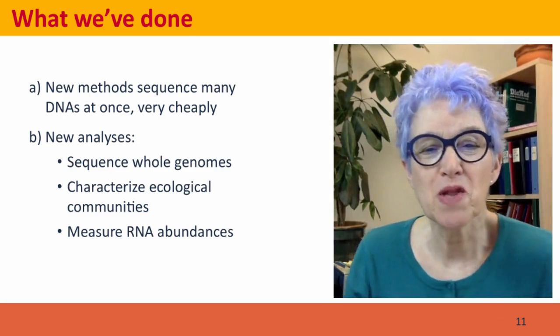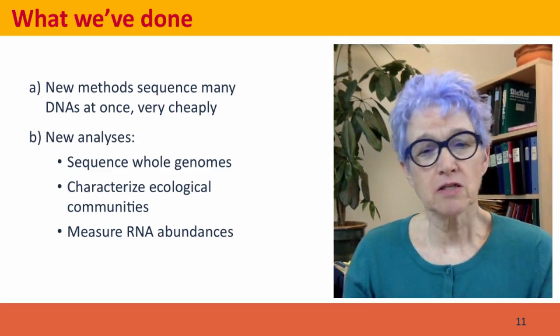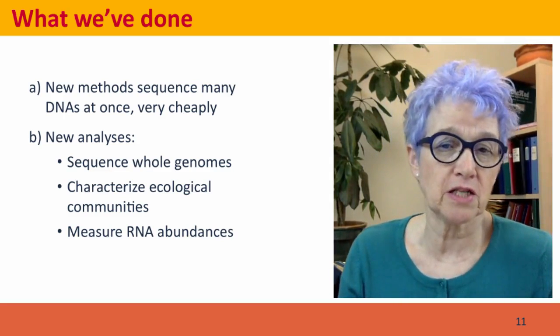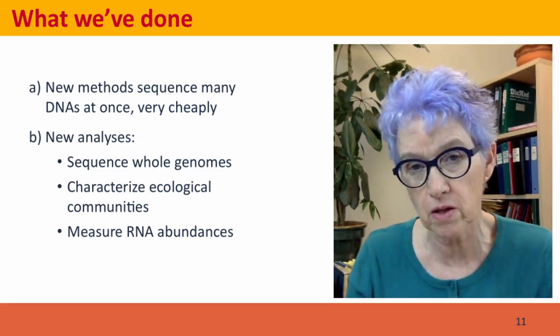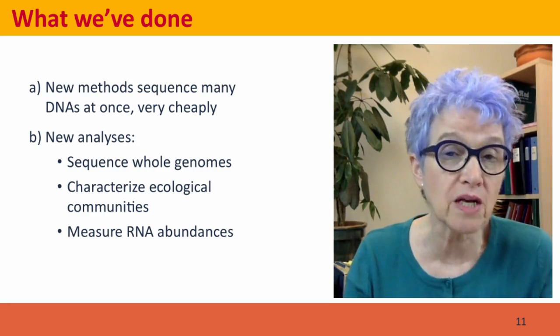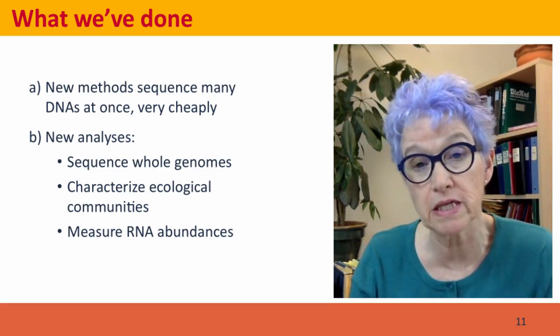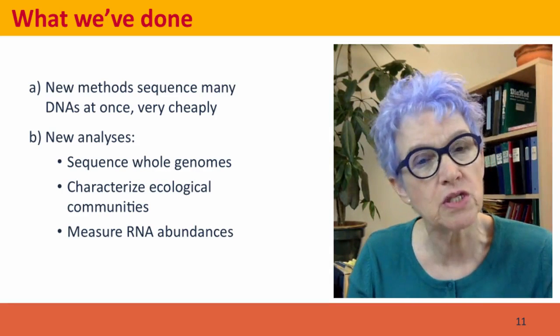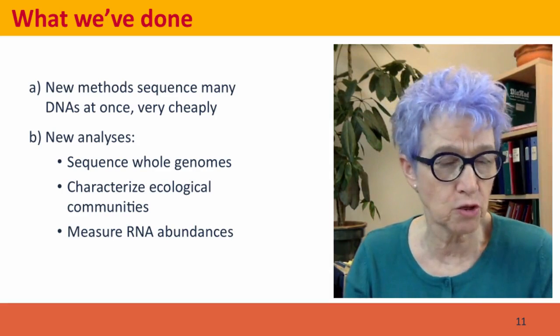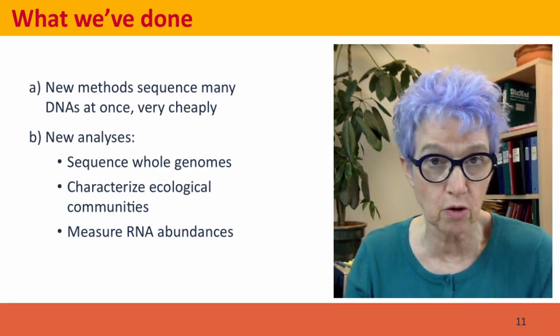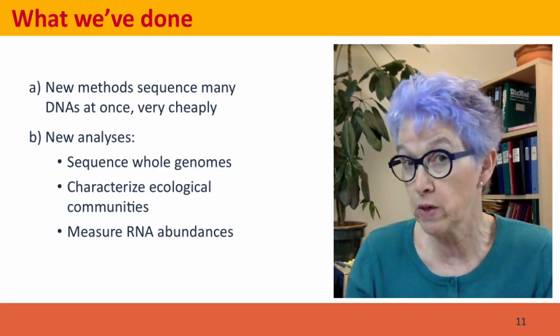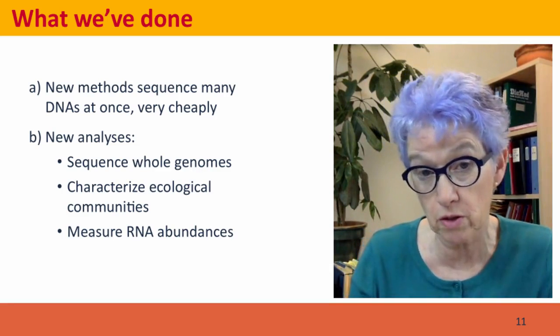So what we've done: we've talked about how the new methods of DNA sequencing can sequence many DNAs at once rather than just a single molecule, and they can do it far less expensively than the old methods did. This enables very efficient DNA sequencing to be applied to new problems. We can sequence whole genomes much more easily, for instance, than we sequenced the human genome when we started.